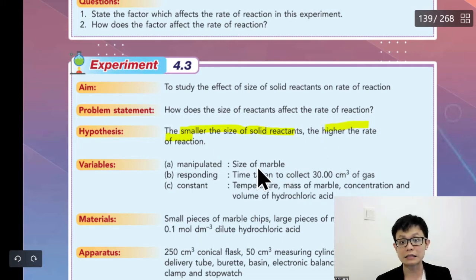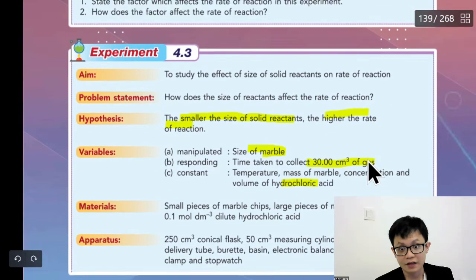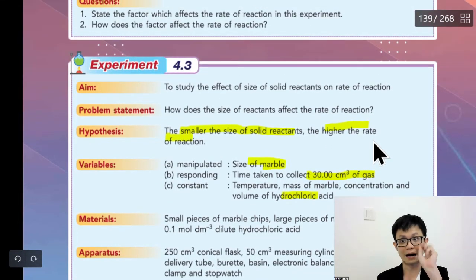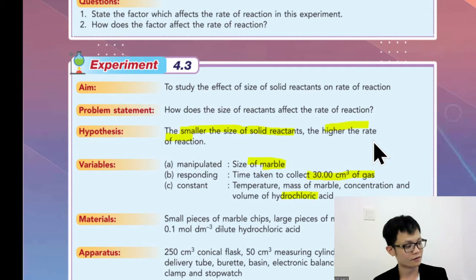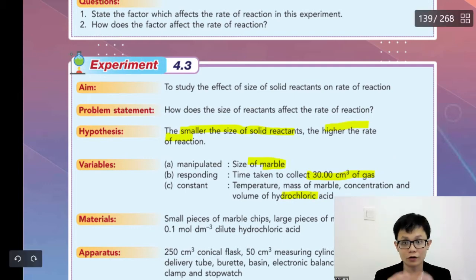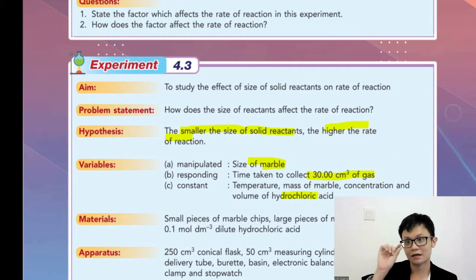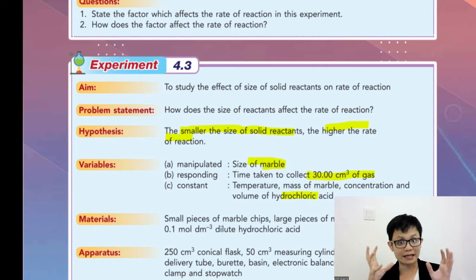Oh, he wants to use marble. What experiment does he want to do? Oh, time taken to collect 300 grams of gas with hydrochloric acid. Okay, this marble is not the marble that you throw. Marble has 2 meanings. One is the round marble you can throw, or put in your aquarium to make it nicer.